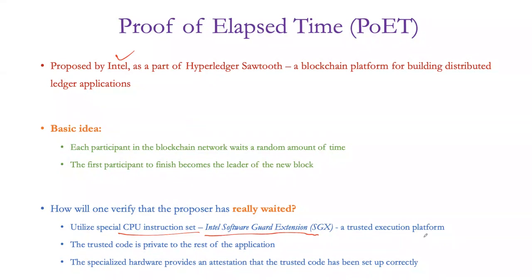A trusted execution environment evaluates whether the participant really waited or not. That trusted code is private from the rest of your applications, and the specialized hardware provides attestation that the trusted code has been set up correctly.